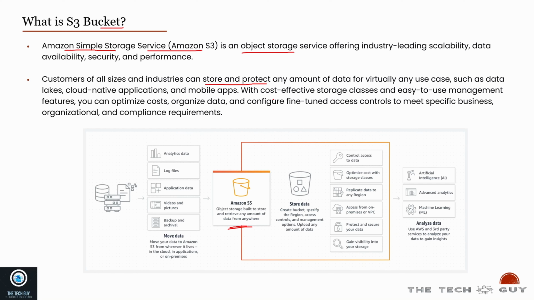And based on the industry, you might have compliance regulations where you want to store some sort of data for probably 10 years, 20 years, 30 years, but you know the data will not be used. So you can just dump the data in Amazon S3 bucket and then use lifecycle policies to change tiers and do a lot of things. So S3 is basically what people would use to store their data in Amazon.